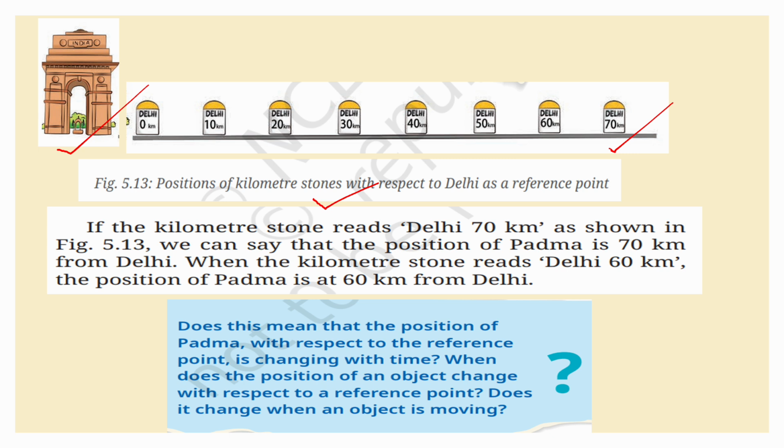When you travel further, you see Delhi 60 kilometer, then Delhi 50, 40, 30, 20, 10, then 0 kilometer. When you reach Delhi, it will be 0 kilometer.